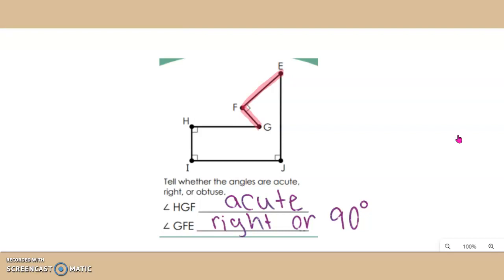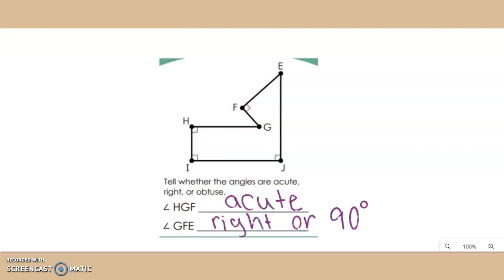Now, if I was looking for I to H to G, if I'm looking for this angle right here, then I'm going to erase these.